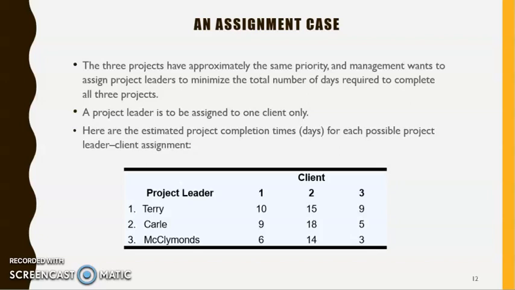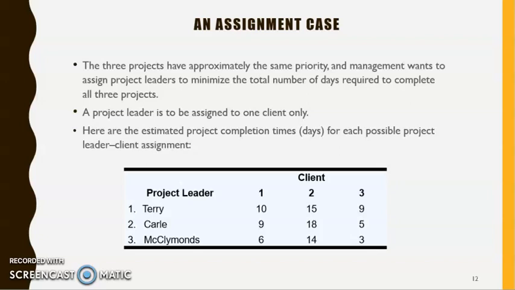Since we have 3 people and 3 projects, it becomes a little bit confusing. Since the size of the problem is small, we can do it even with human intelligence, but we want to do it through a mathematical model. As we mentioned before, a project leader is to be assigned to one client only.